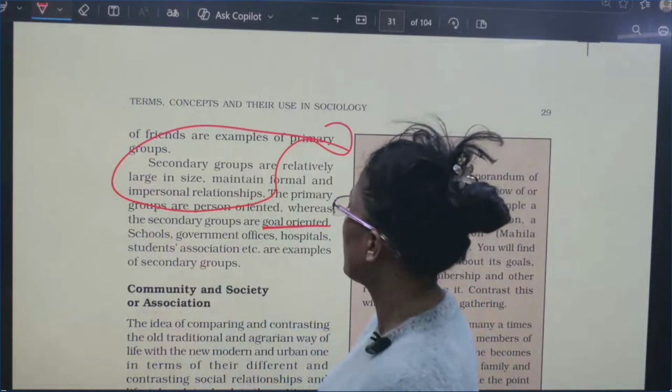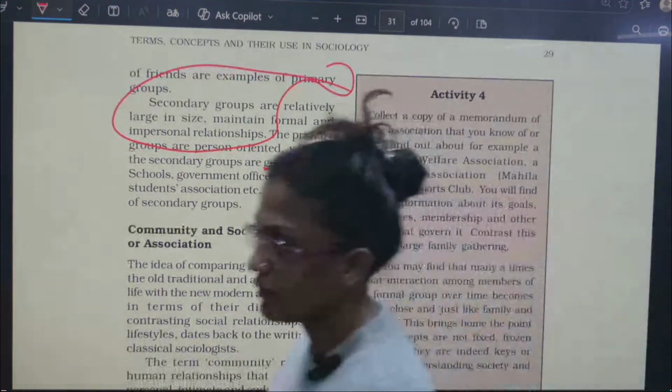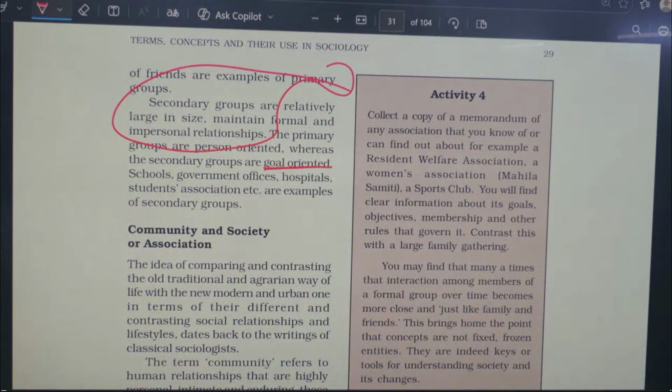Quickly write down schools, government offices, hospitals. These all are goal oriented. Written?